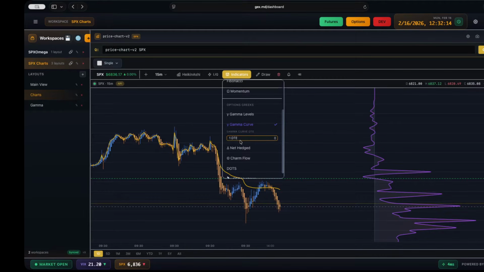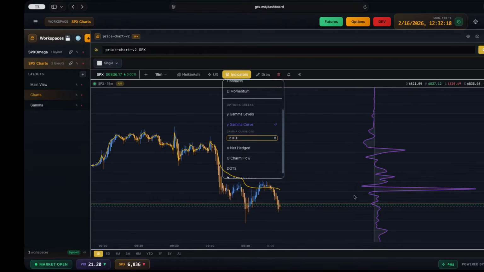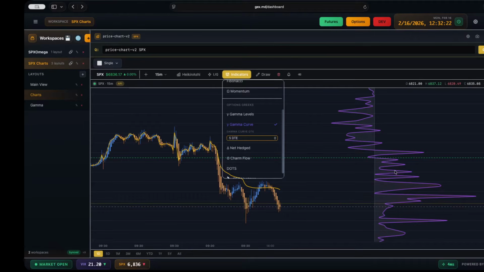Or if it's close to Friday, I like to see more in advance. Also, on Monday, you put 5DT, and then you get the whole week in front of you, because you can get more details on what they do or how you can expect every time the SPX touches any of these levels.